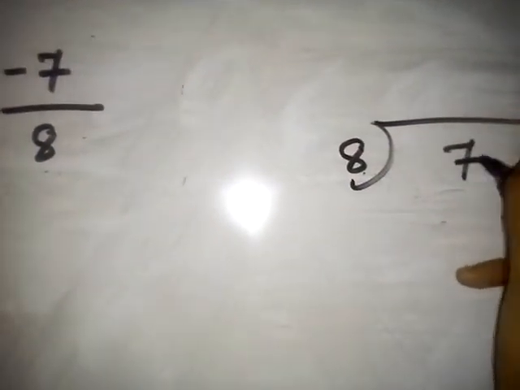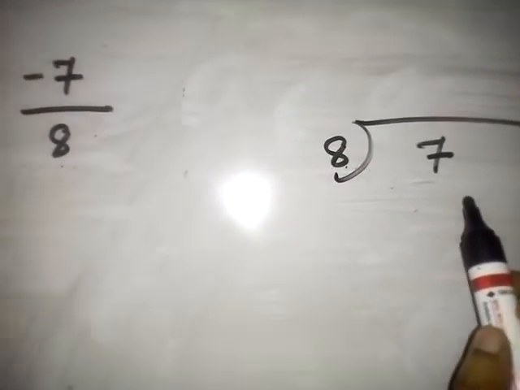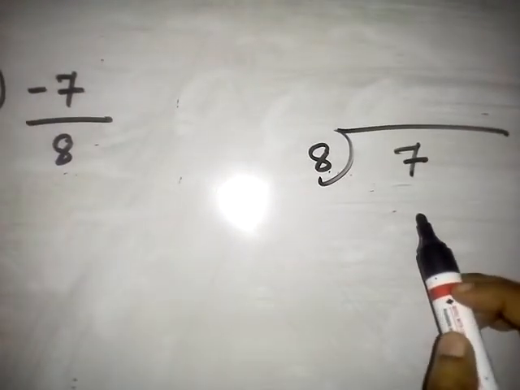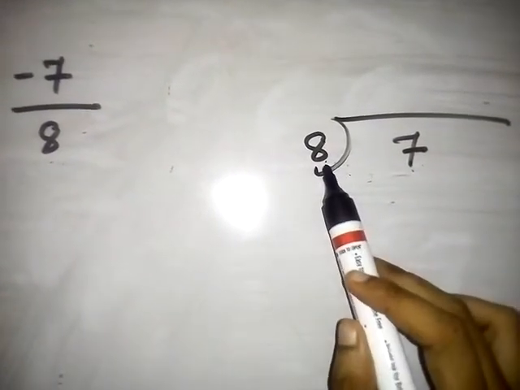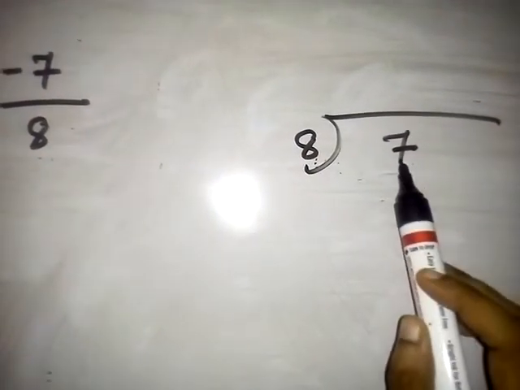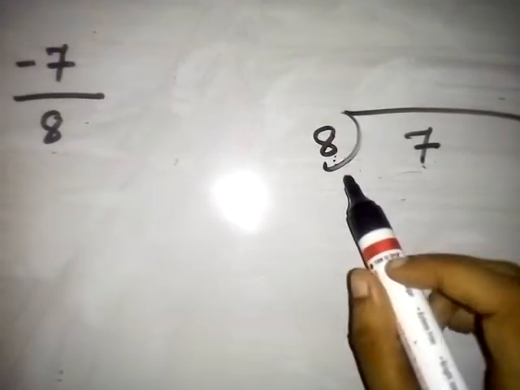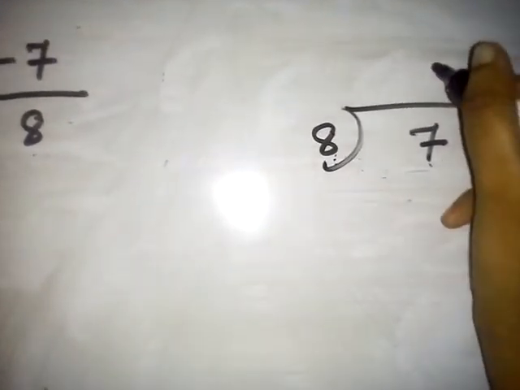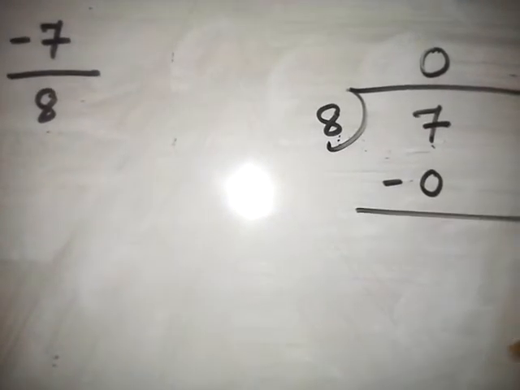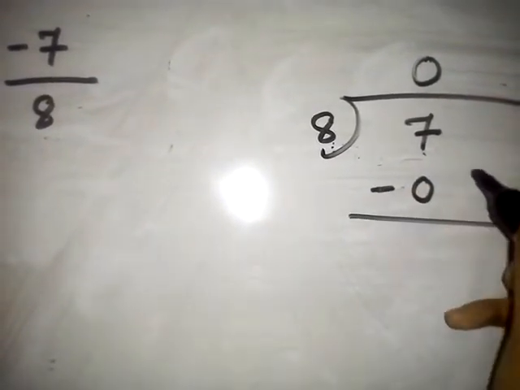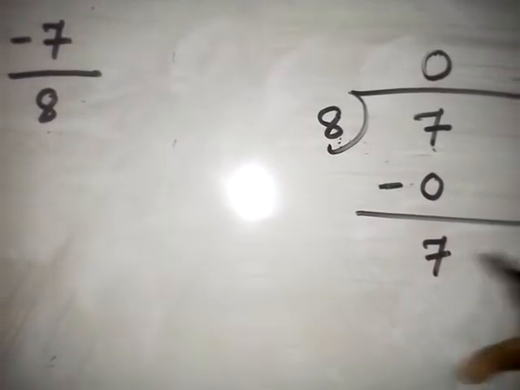Dividend, you take it as 7 and you are dividing 7 by 8. 7 is the smaller number, 8 is the greater number. Divisor is greater than dividend, so it is not going. So take 0. 8 zeros are 0. 7 minus 0 is 7.